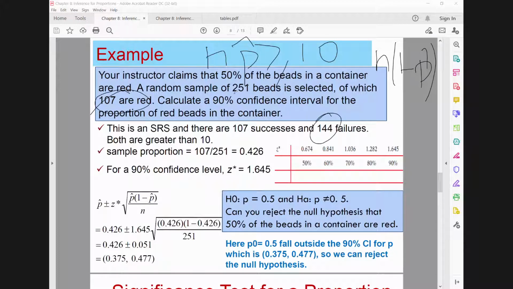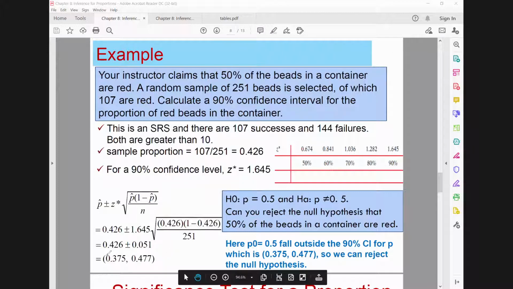It's obtained by taking the difference 251, because that is the total, minus 107, then we obtain 144 failures. Then we can conclude P is in this interval, which is in contradiction with the claim.